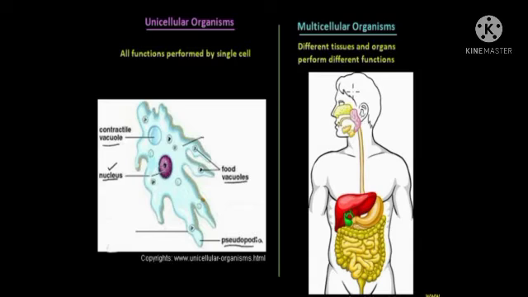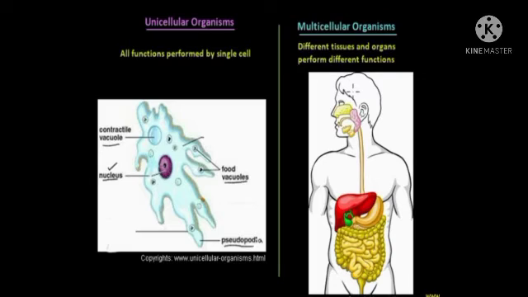Unicellular organism is amoeba, where all functions are performed by a single cell. Hence, it is a unicellular organism. Examples of multicellular organisms are many, but we ourselves are one of the best examples of multicellular organism.